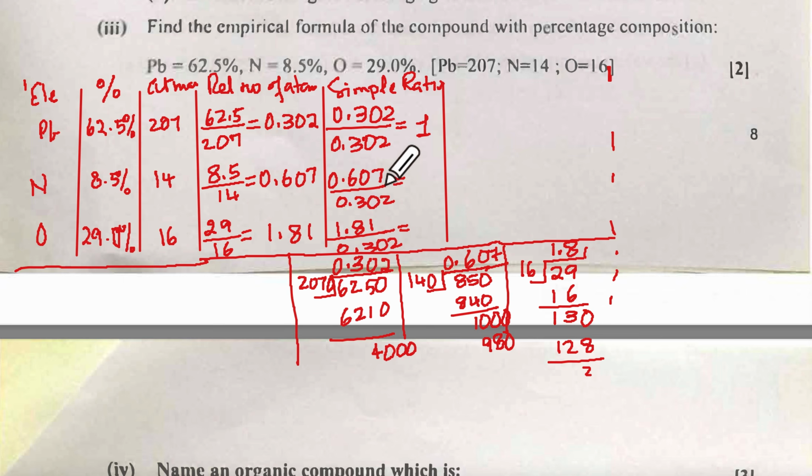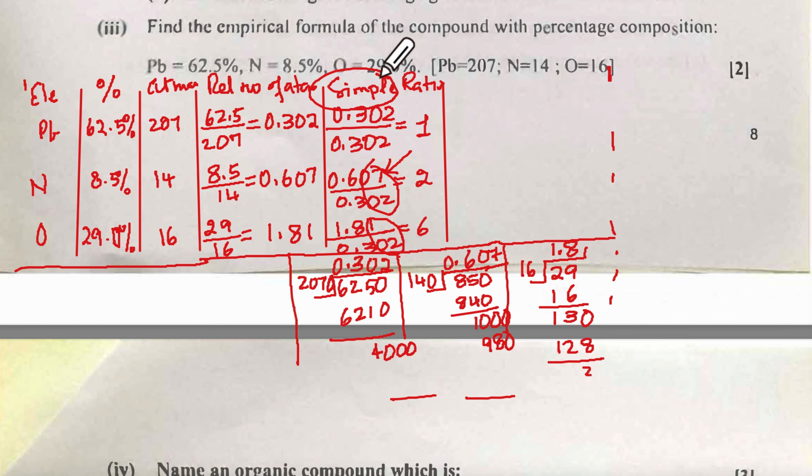Now don't look at this part. This will go twice. Understanding? Twice. Don't look at this, and 1.8 upon 0.3 will go 6 times. 6 times. Understanding how to get this? Don't show the actual calculation and don't waste time actually dividing by 0.302. Understood?